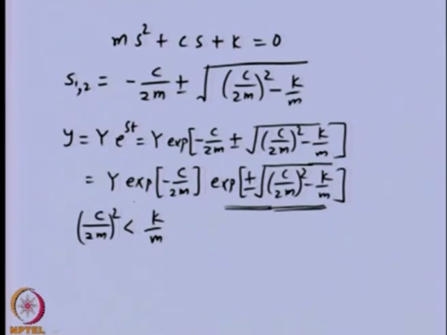The first term, this one, you can see, is having a minus sign. All other C and M are positive. So this expression gives us a decaying function, and for this condition, this is a harmonic function.